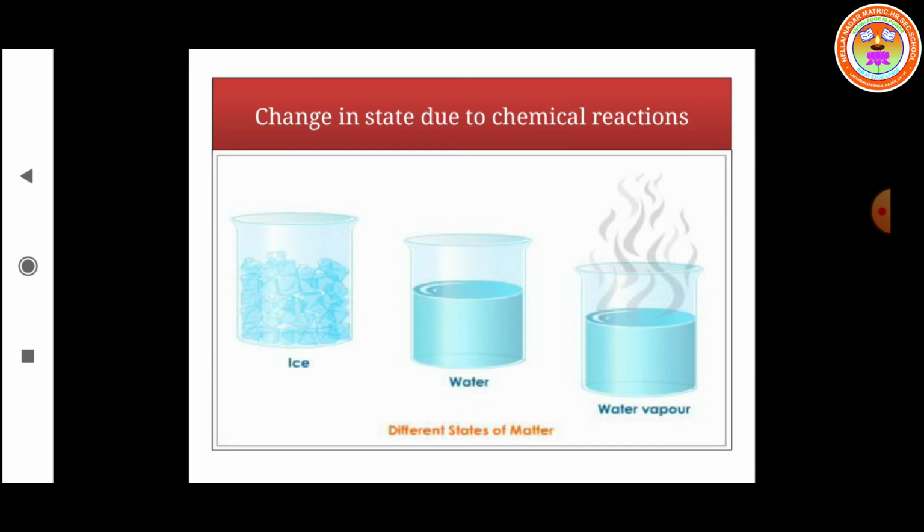Here, there is change in the physical state of water. The first one is solid state, the second one is liquid state, and the third one is gaseous state of water. So this change in state of water takes place in presence of heat. Okay, children? So this is change in state.